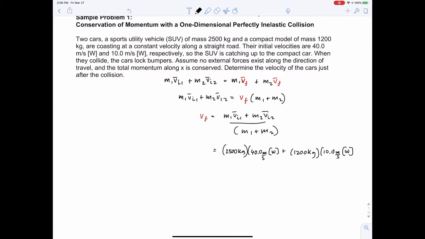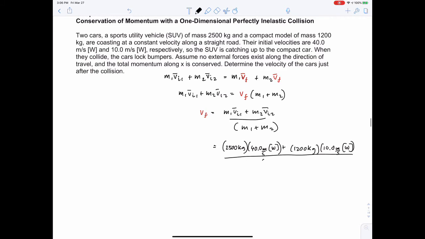Now keep in mind these are both collinear, so we'll be able to add them algebraically. Divided by M1 plus M2, so 2,500 kilograms for the SUV, plus 1,200 kilograms for the compact car.